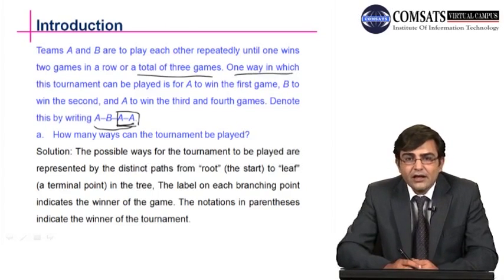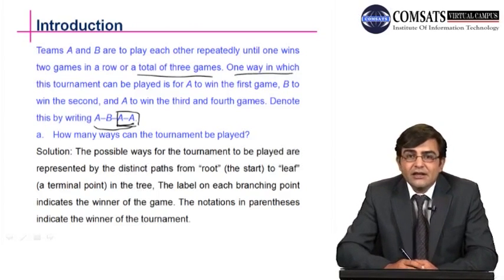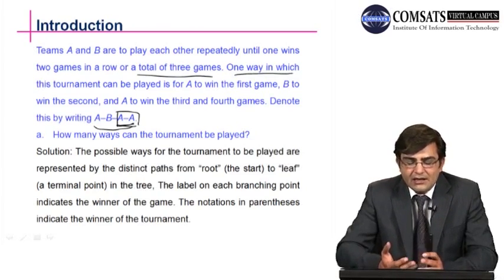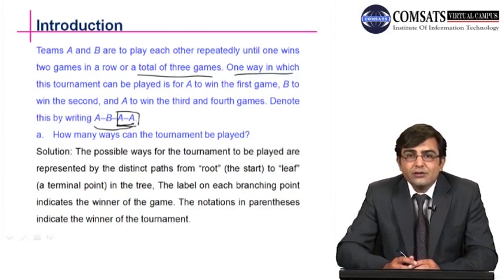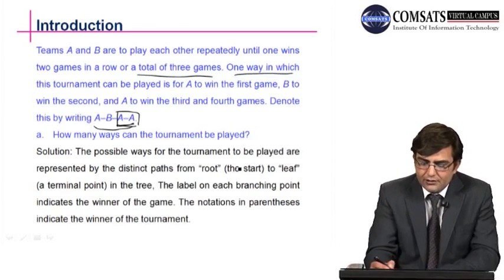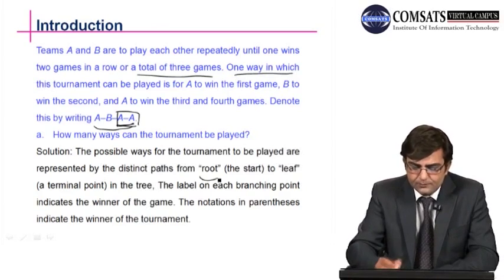Means in how many ways can we arrange this tournament, or can these two teams play, such that what is the minimum number of games these two teams play such that one team wins, or what is the maximum number of games these two teams play in this tournament and one of them wins. So the possible ways for the tournament to be played are represented by the distinct paths from the root.